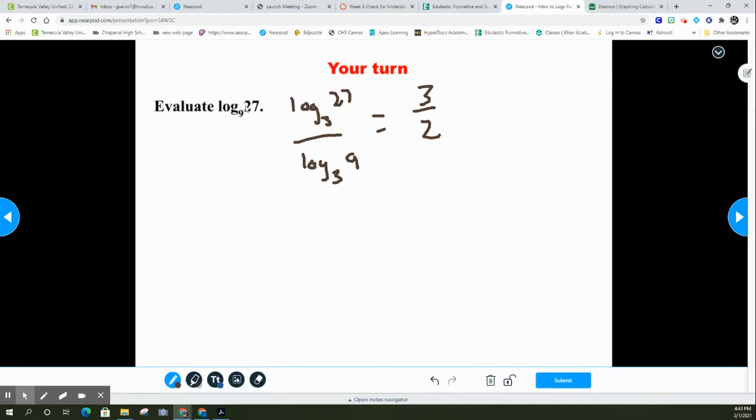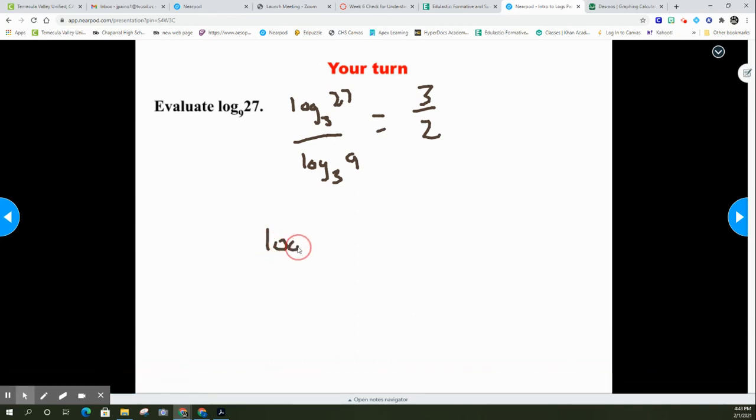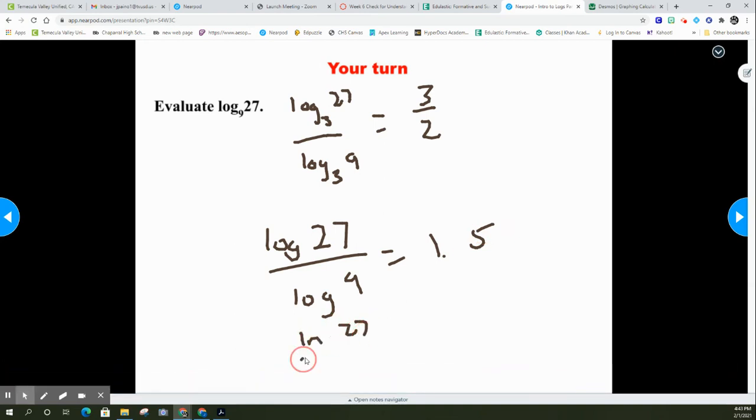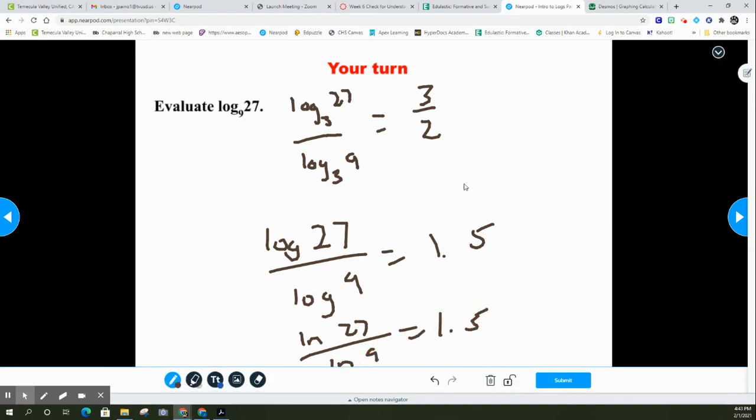You could just type that into your calculator too without the base 3's. Log 27 divided by log 9, and that's going to equal 1.5 on your calculator. Or you could use natural log, natural log of 27 divided by natural log of 9. That'll also equal 1.5. But notice that log of 9, whatever base you chose, is always on the bottom because that's the base for bottom.